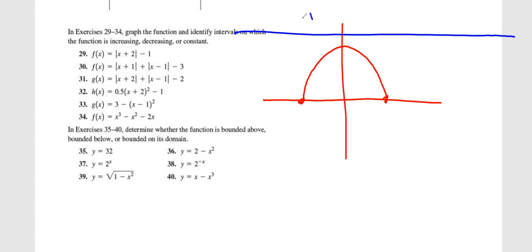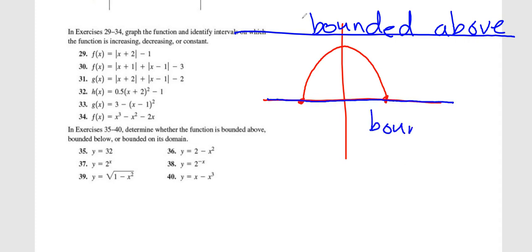So we can say that this is bounded above, right? Can you draw any line that it won't go below? Sure, we could even use the x-axis, right? Bounded below.